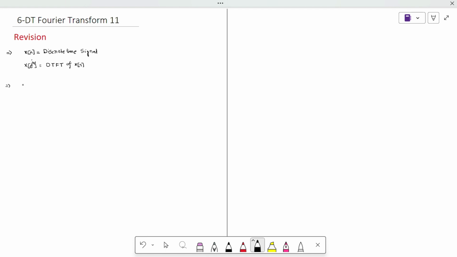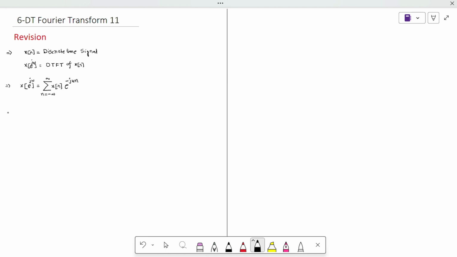Next, the formula for the discrete time Fourier transform, that is x of e power j omega, equal to sigma x of n from minus infinity to plus infinity into e power minus j omega n.